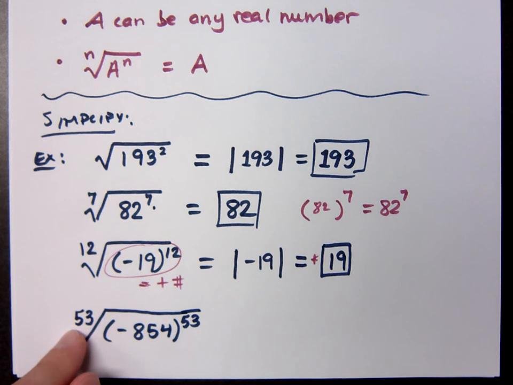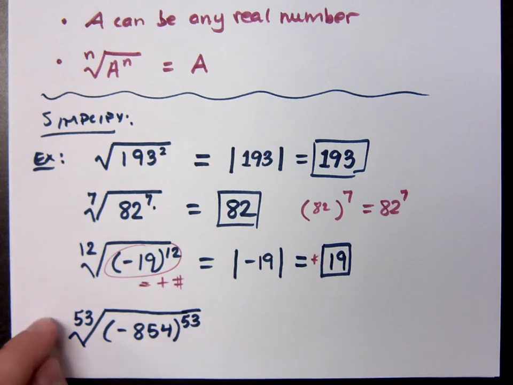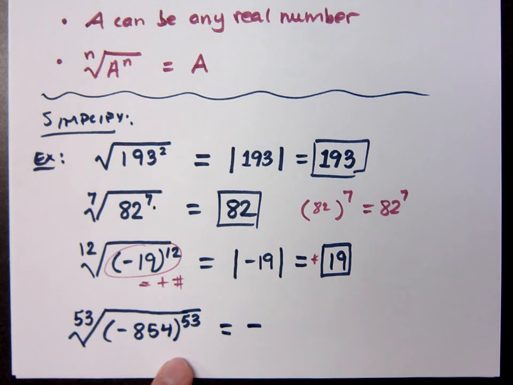Now, since this is odd, what would happen if you took a negative to an odd power? You get a negative number, right? And the 53rd root of a negative number is going to give you a negative number. So the answer here is just negative 854.